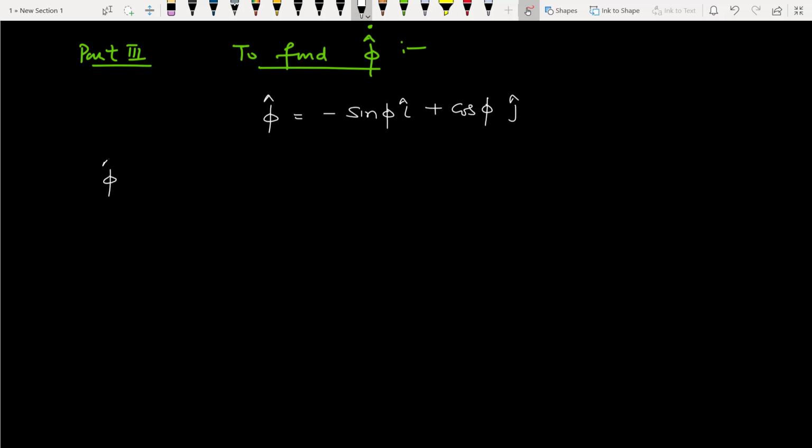So phi cap dot is equal to d phi cap divided by dt. It is derivative of minus sin phi i cap plus derivative of cos phi j cap.